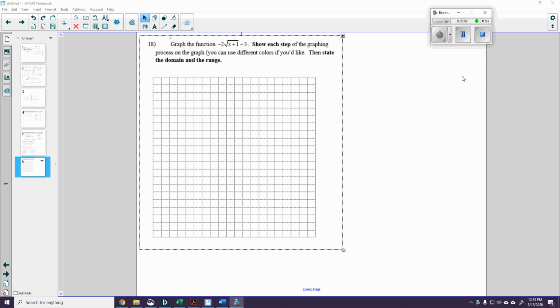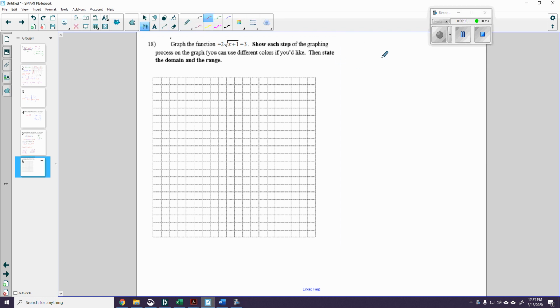Let's graph a square root function with transformations. So just to remind you, the form that our transformations take is a times f of x minus h, plus k.